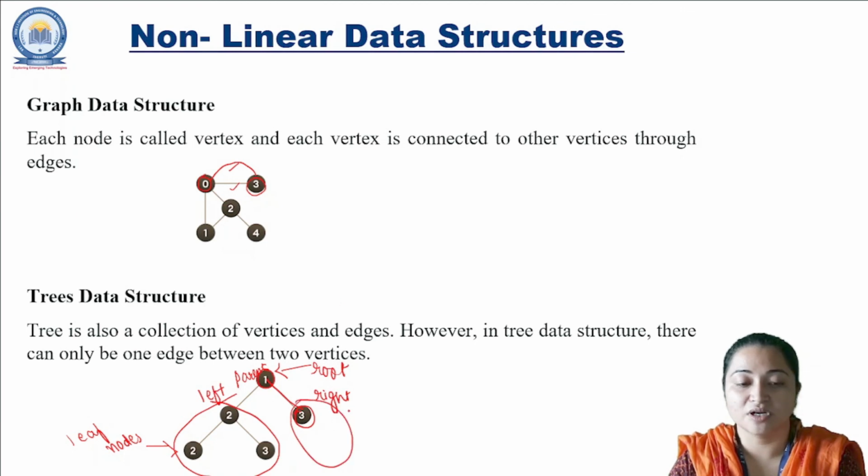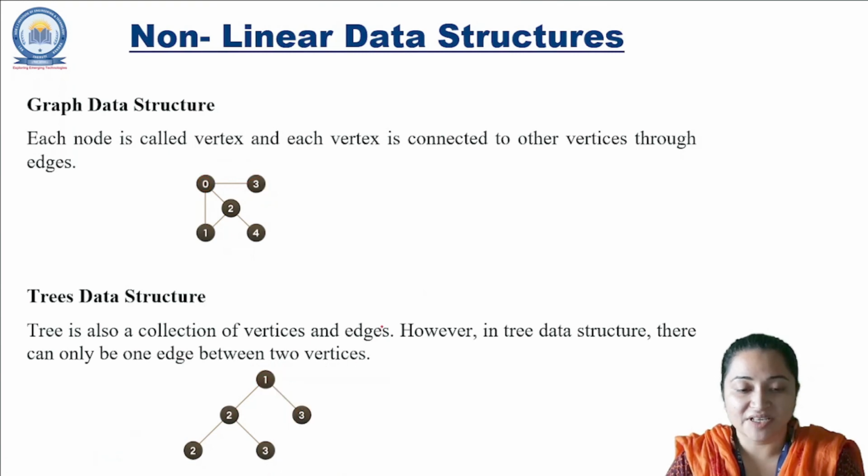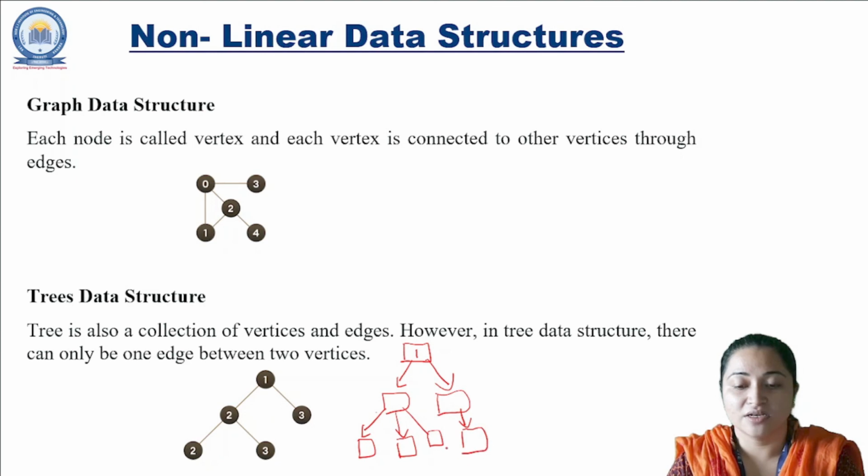These are some terminologies associated with tree data structure, and we will see all these in detail afterwards. A real life example of tree data structure is the folder system. Suppose we have this parent folder. In that, we can make two different folders. This folder may again contain 3 files. This may contain 1 file. So this folder structure is a real life example of tree data structure.